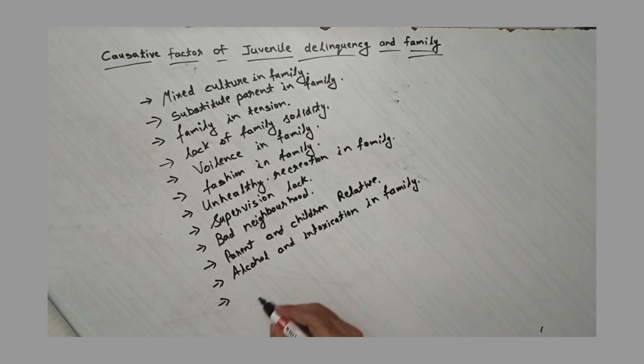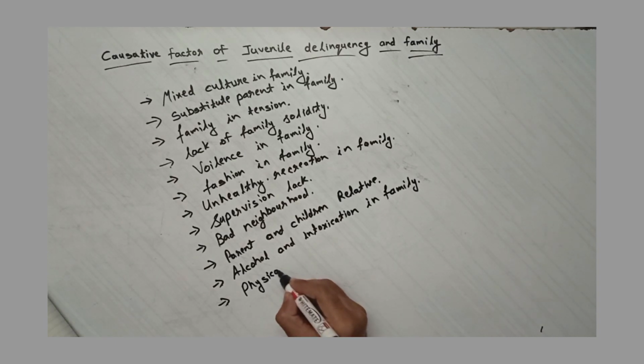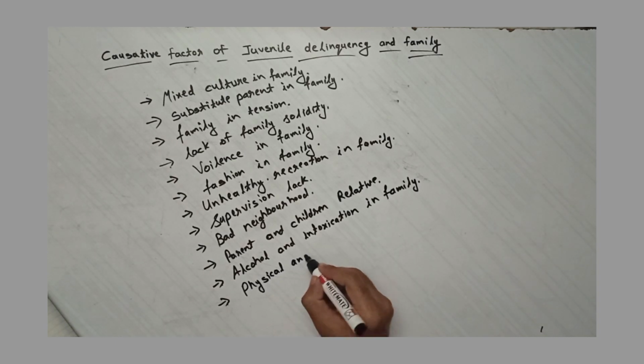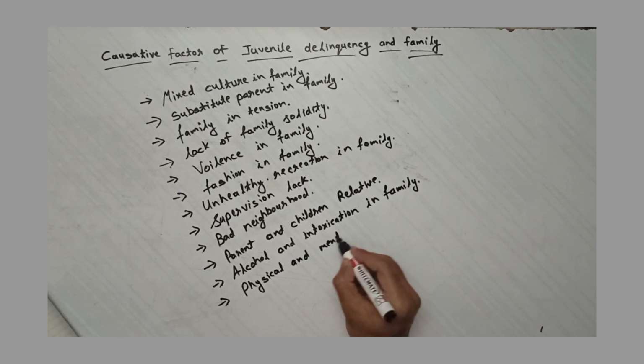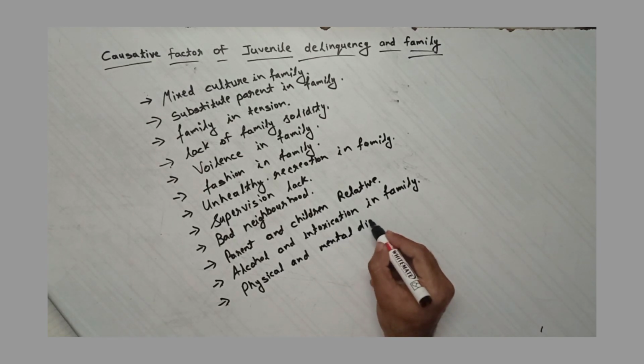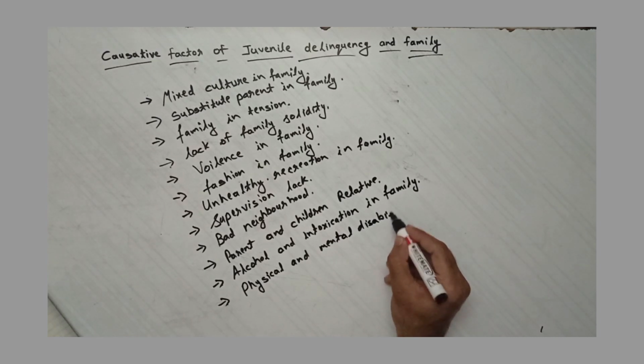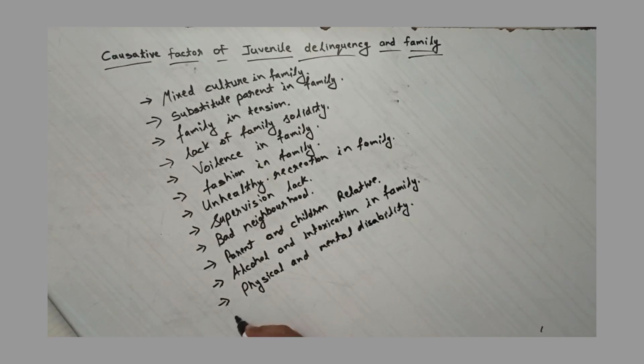The next one is physical and mental disabilities. If there are disabled parents or persons with mental disabilities in a family, obviously they are living in the family and will affect each other.